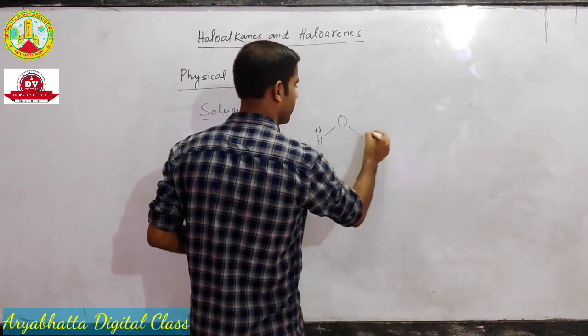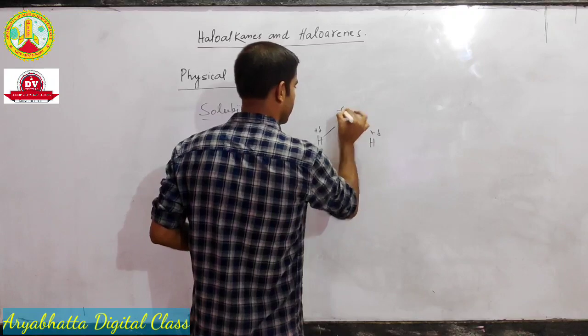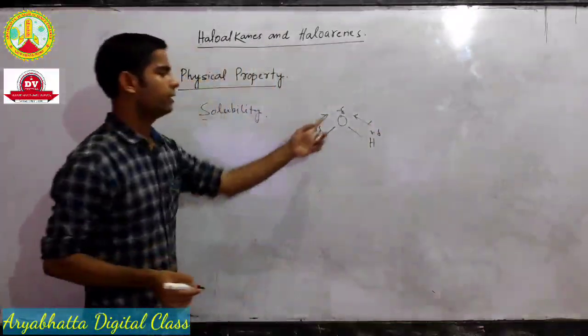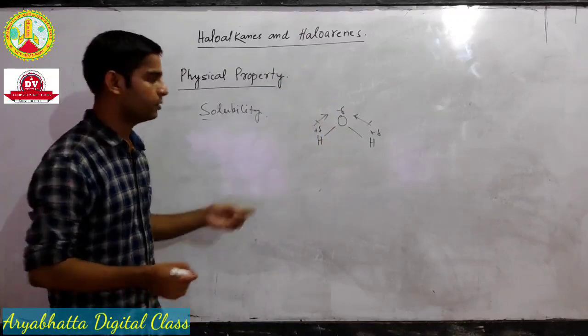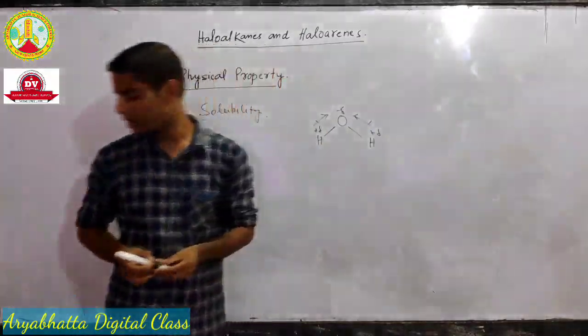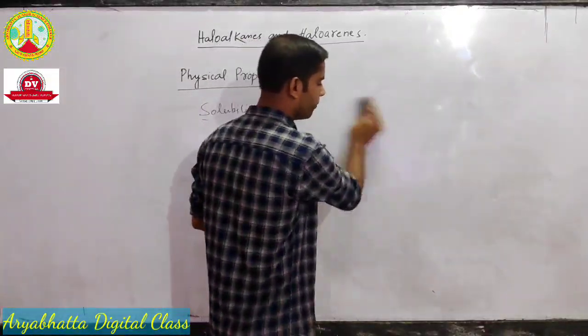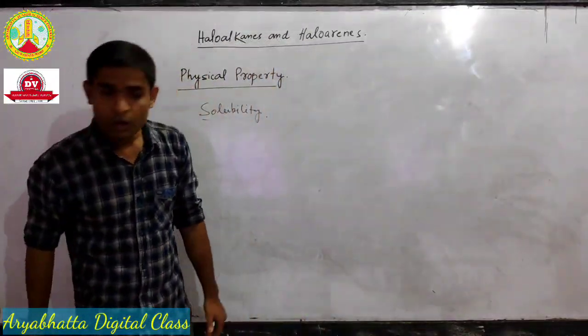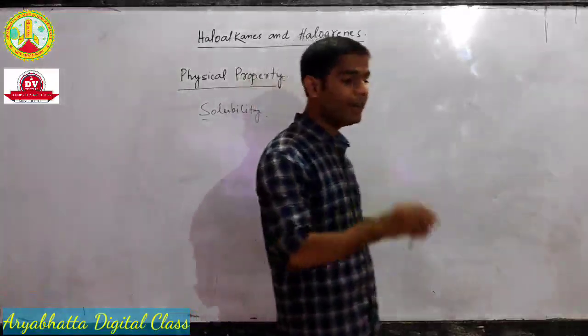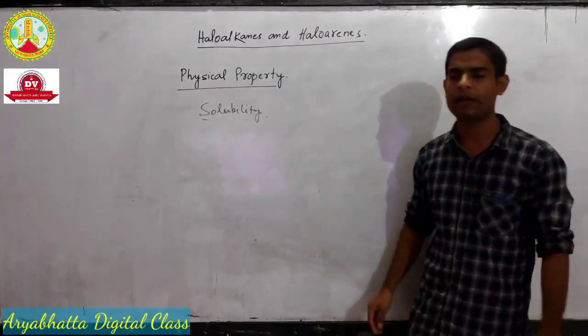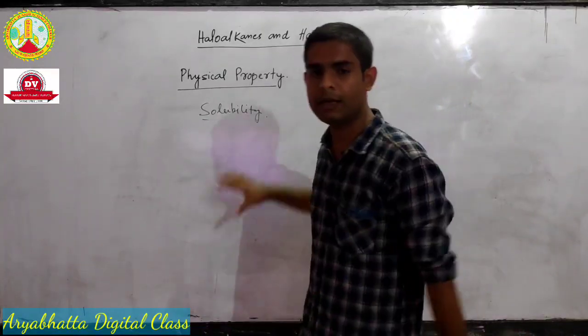It has a permanent dipole, and due to the presence of this dipole, water molecules are polar. So water is a polar solvent. So what we are trying to do is find out the extent of solubility of haloalkanes or haloarenes in water.